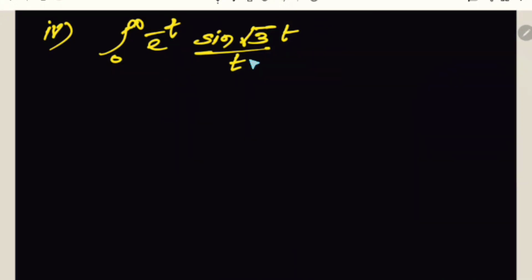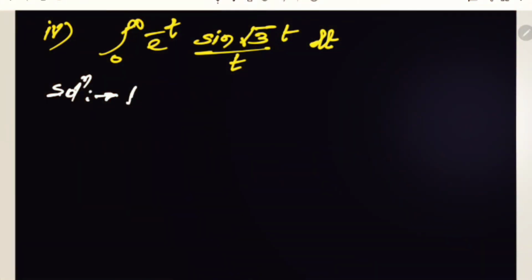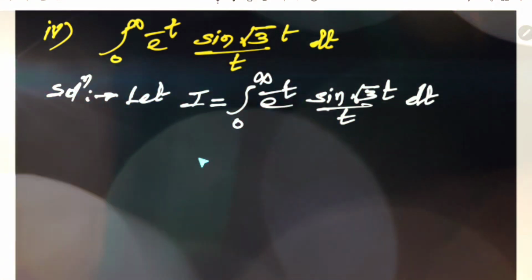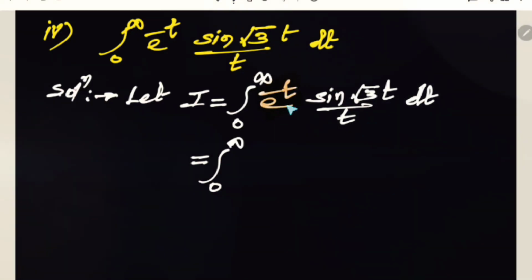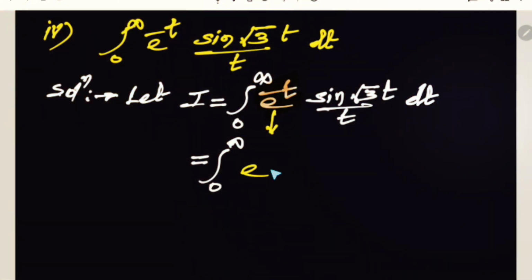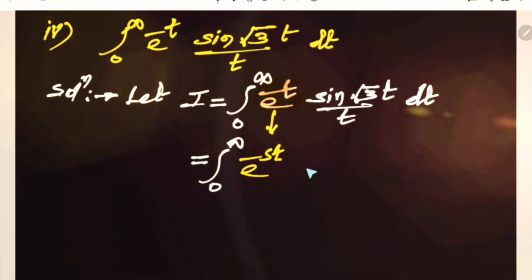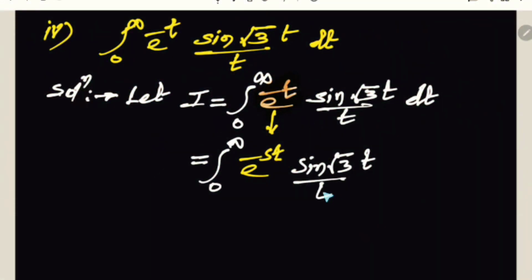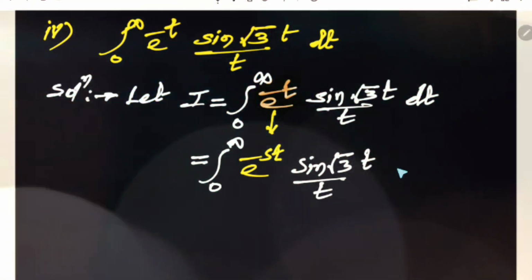Then fourth, integration from 0 to infinity of e raised to minus t sine square root of 3 times t divided by t, calling as I, suppose given as I, integration from 0 to infinity of e raised to minus t sine root of 3 times t divided by t dt, then replacing that e raised to minus t as e raised to minus st into sine square root of 3 t divided by t with respect to t.